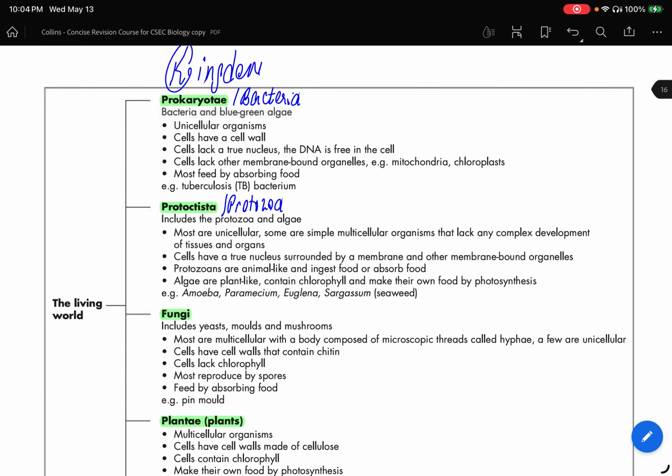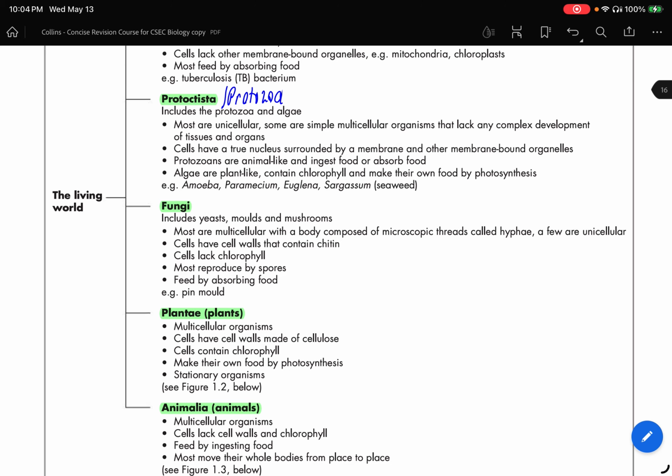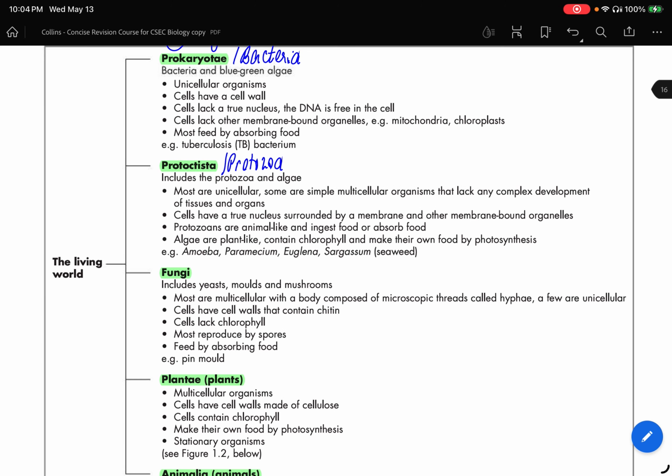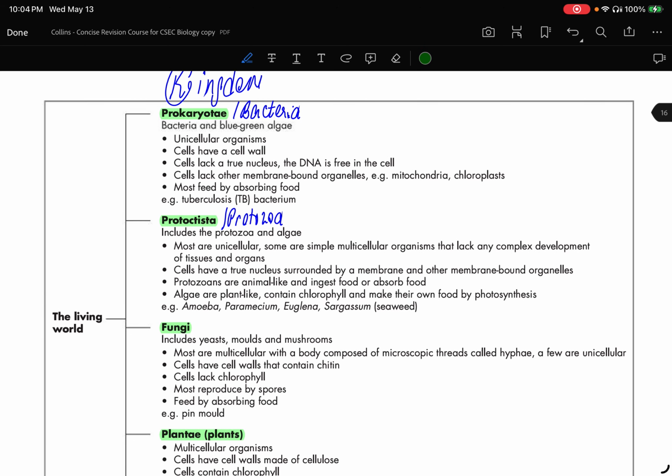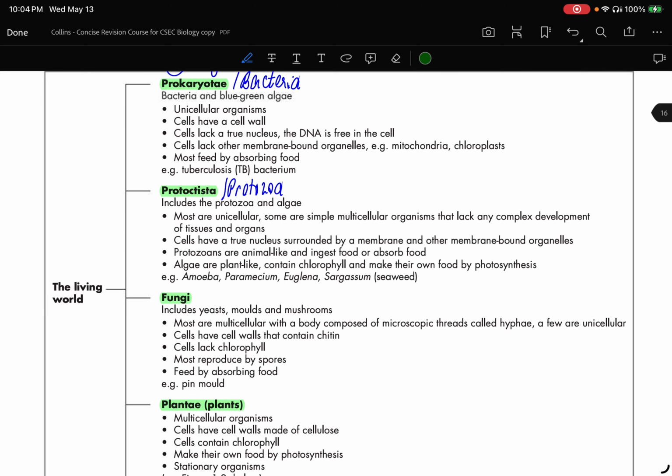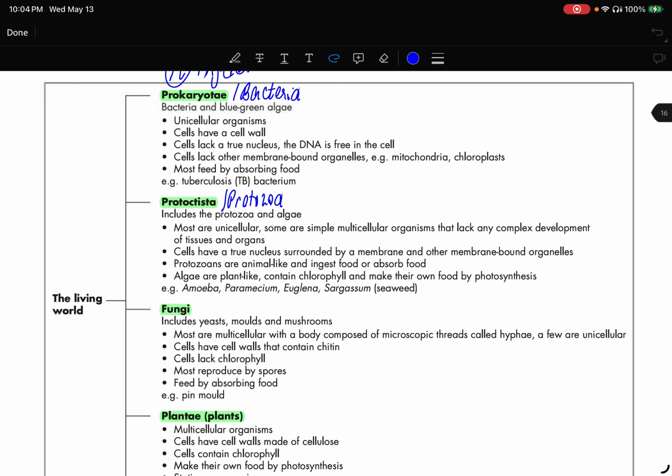Okay. When it comes to classification, these five kingdoms are what you need to keep in mind. So we have the prokaryotes, or the bacteria, the protoctista, or the protozoa, and these two are the microscopic ones in particular, bacteria and protozoa.